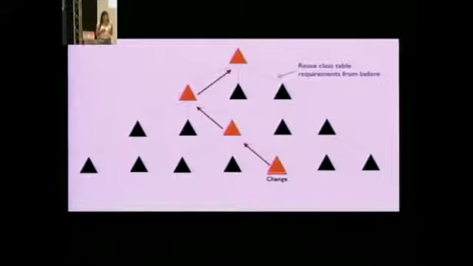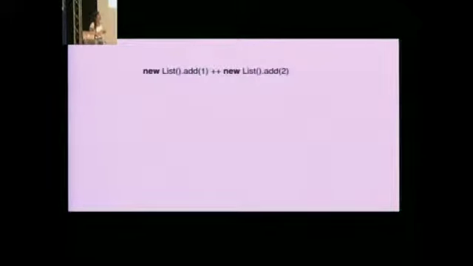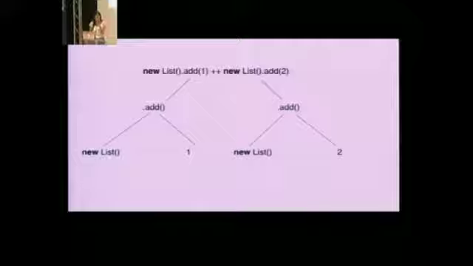Now, let me zoom in again and show how it actually works through a simple example. This is the operation that we want to type check. It is a concatenation between 2 lists, and this is the syntax tree for type checking this expression. As I said, we start from the leaves of the tree, where we first type check the constructor call.